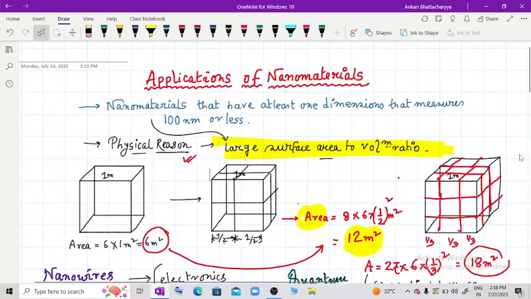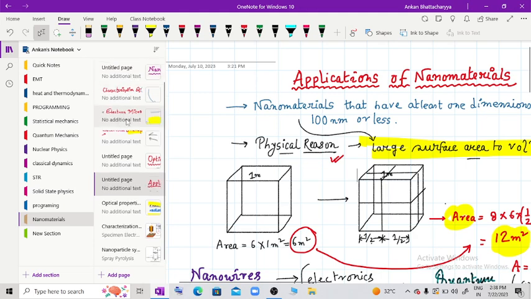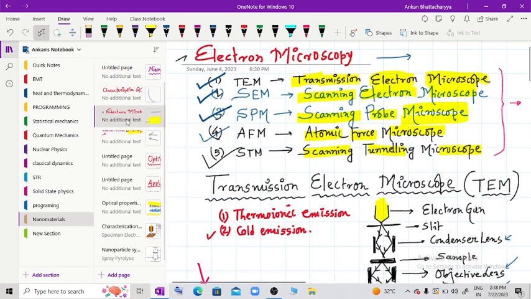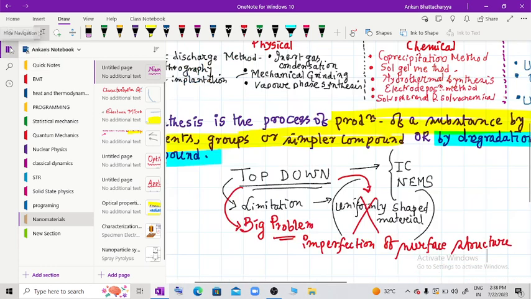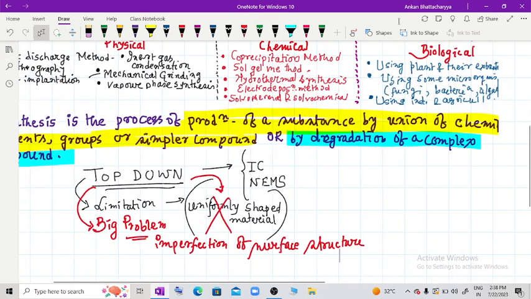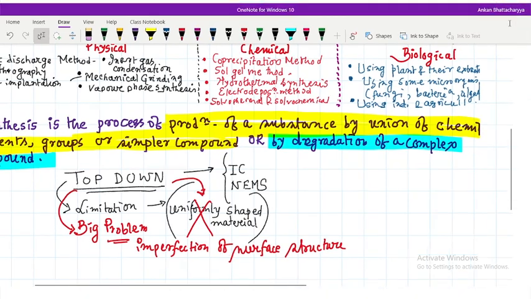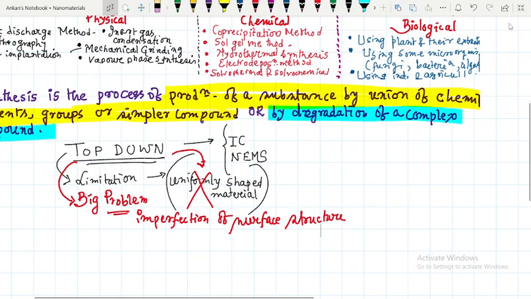The main thing is that in the top down techniques the surface morphology is not uniform and surface defects are present, which makes the process not always useful. So we have to find another approach for synthesis of nanomaterials.